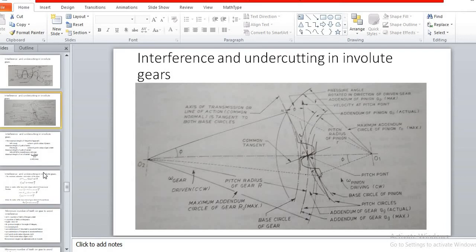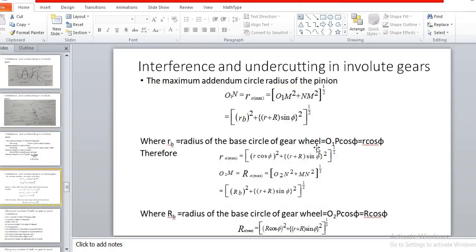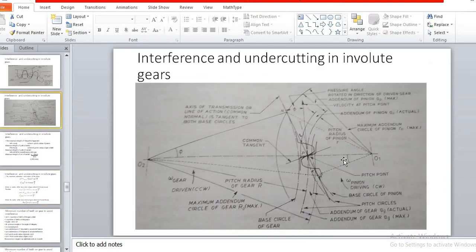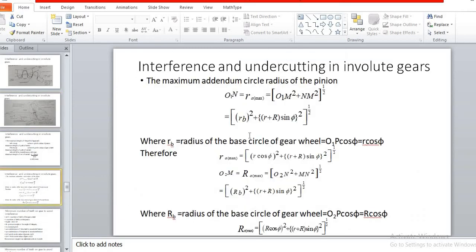O1P cos phi is this distance, so this is the base circle radius RB. O1P is nothing but R, so RB is written here as R cos phi.